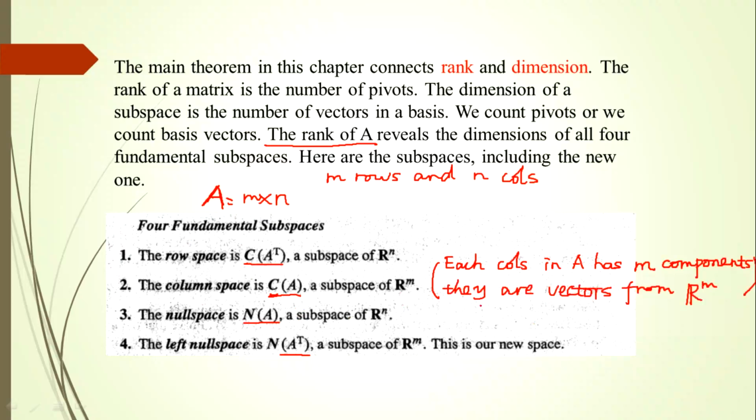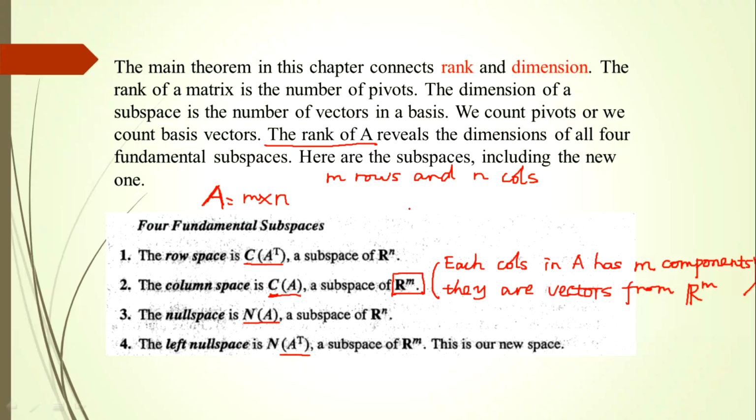That's why the independent or pivot columns in matrix A form the column space, and this column space is a subspace of Rm, because the column vectors have M components.